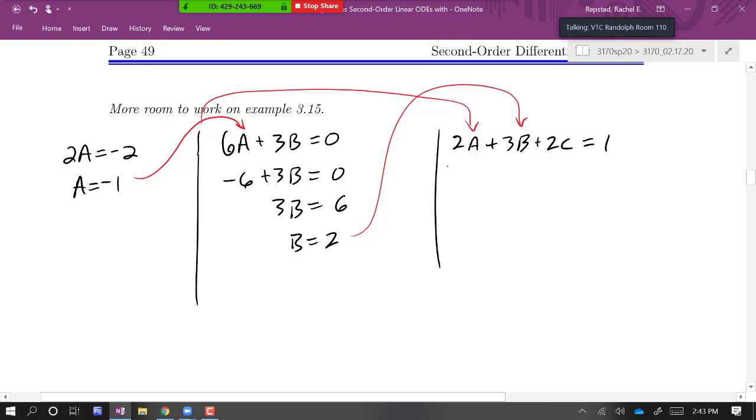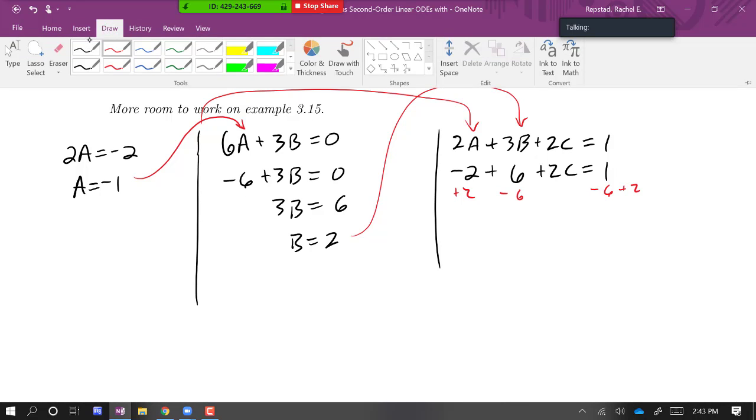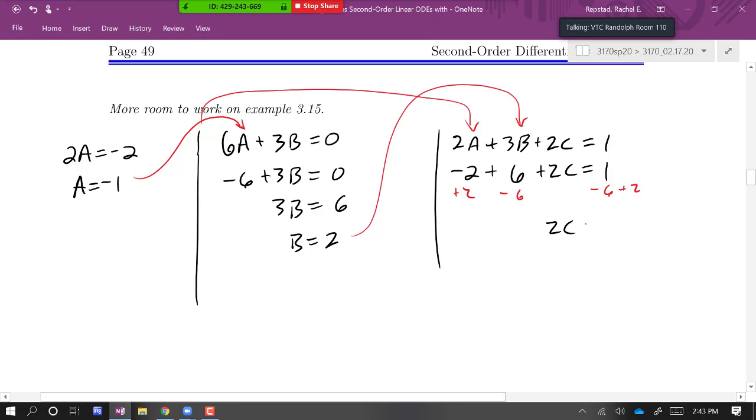If A is negative 1, then we have negative 2 plus, if B is 2, then 3B is 6, and 2C is equal to negative 3.